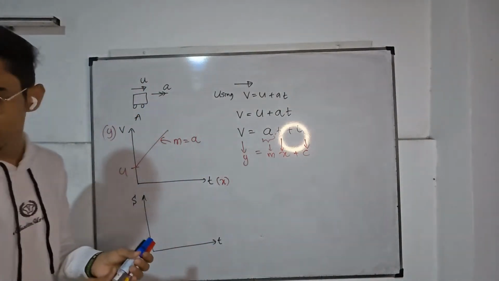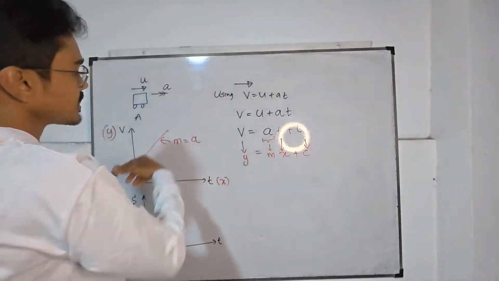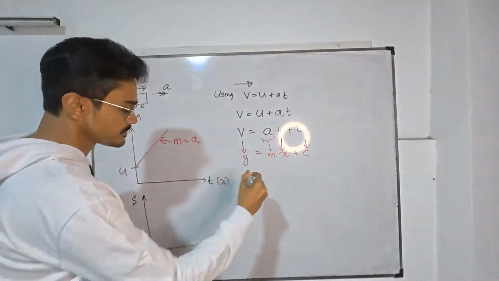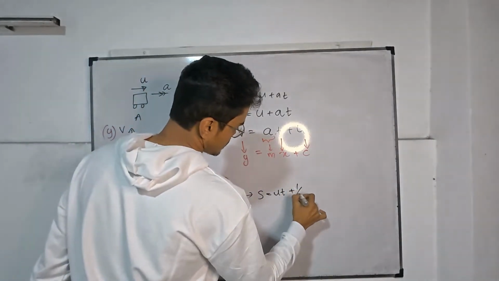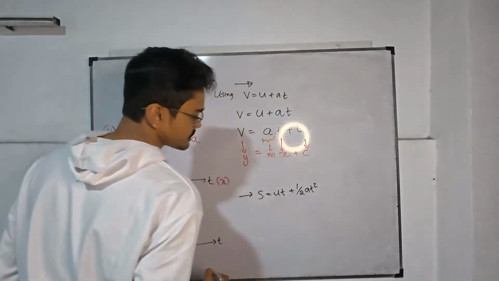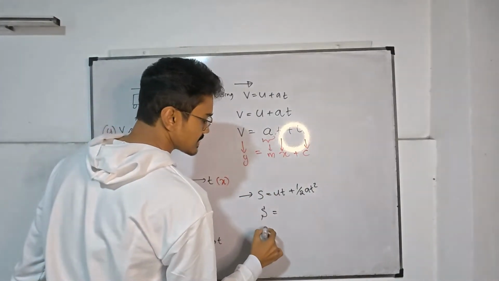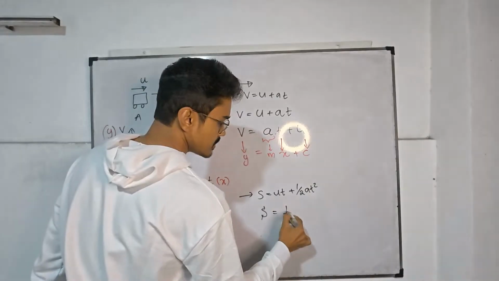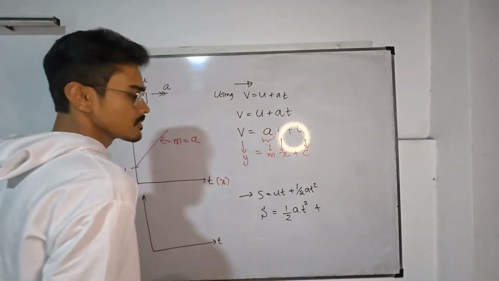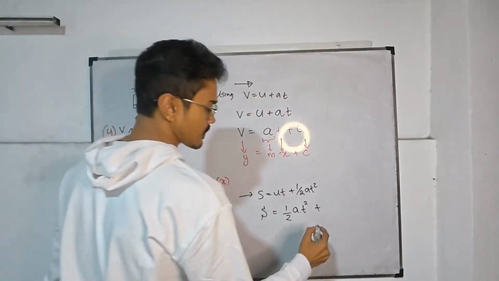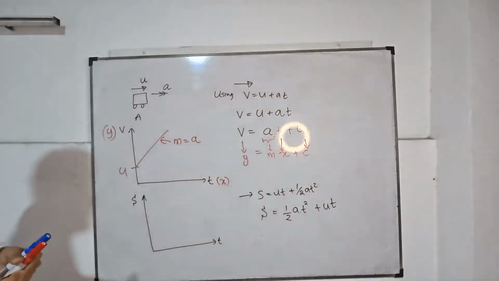If I need the variation between s and t, I'm going to use an equation like s equals ut plus half at squared. I can write this as s equals half a t squared plus u t.